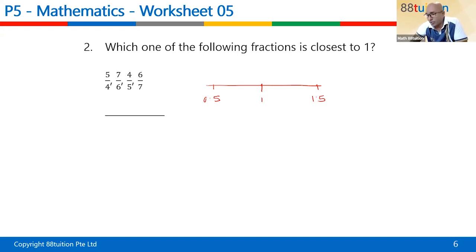So I give you an example: 0.8 and 0.9, which is closer to 1? 0.9. Correct. That's all they're asking. So I could have 0.8 and 1.1, which is closer to 1? 1.1. Exactly. That's what they're asking, and that's why I drew a number line, for you to plot on it. You can have your workings at your side.